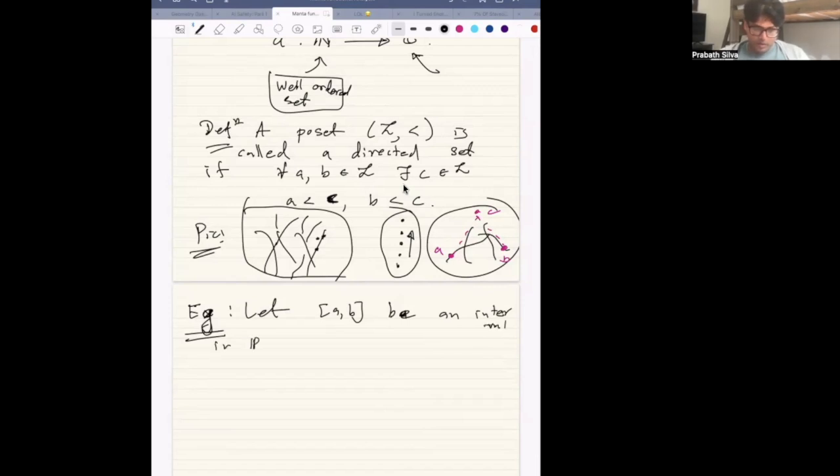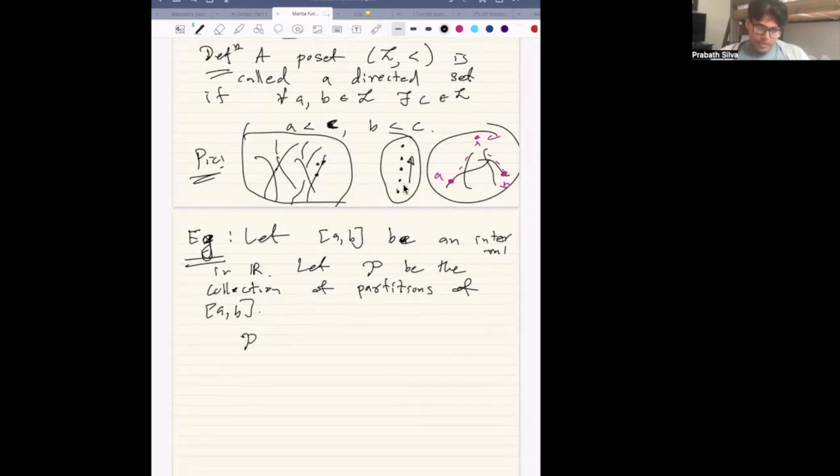In R, look at E, the collection of partitions of [A, B].